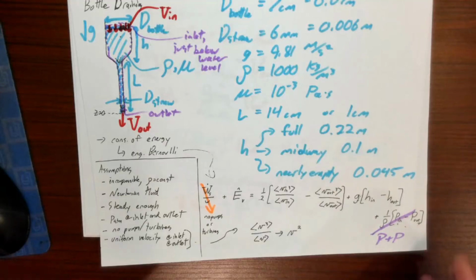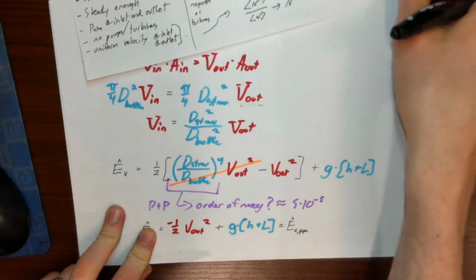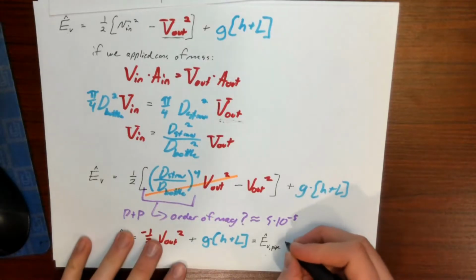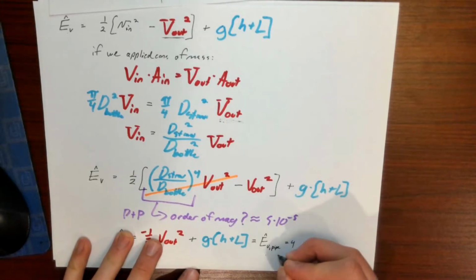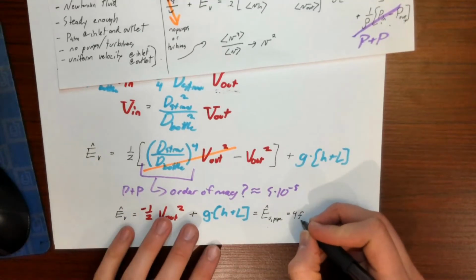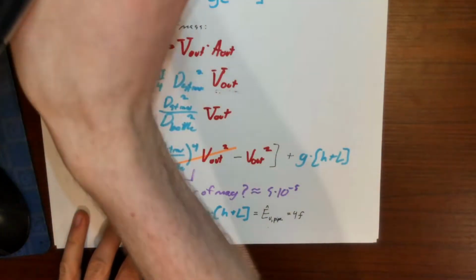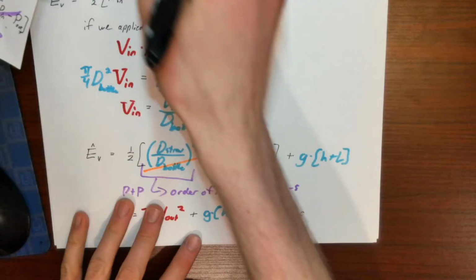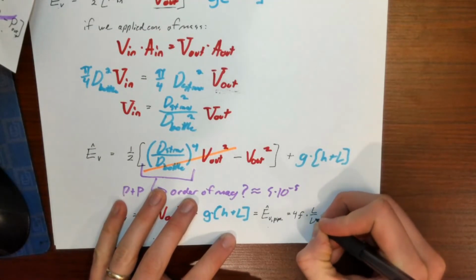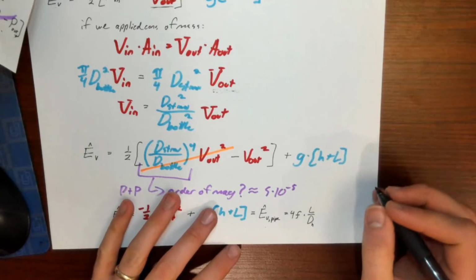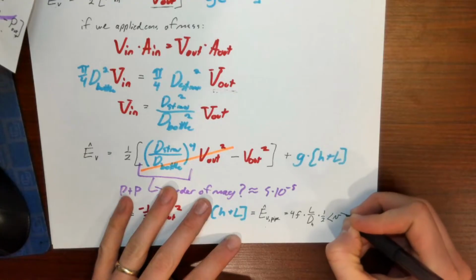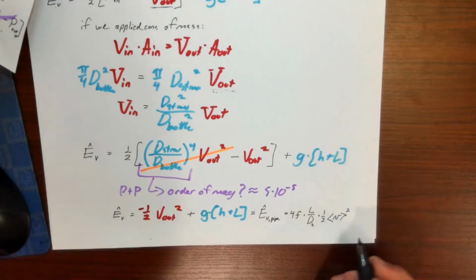And we have an equation for that, right? If you dust off the notes from last time, there's an equation for viscous losses in a pipe, and it's 4F. We'll leave F, this Fanning friction factor, an unknown as of now, times the length of the pipe over the hydraulic diameter of the pipe, times 1/2 the average velocity in the pipe squared.